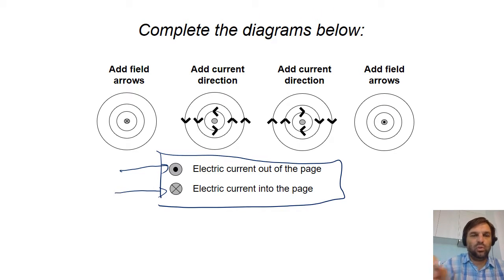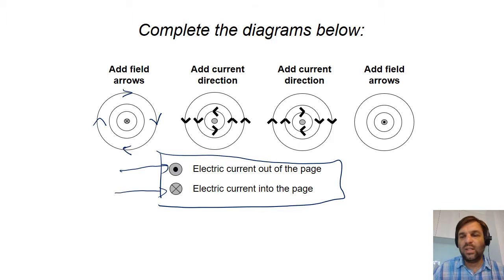So we should be able to draw the arrows in, going, whoops, not quite right, that's anti-clockwise, going clockwise.